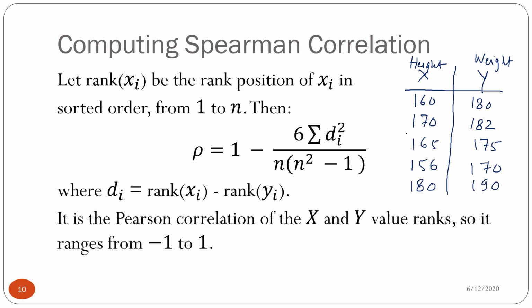So once you have these values, what we need is ranking for each. I should have RH, rank for height, and RW, which is rank for weight. So what do we do here? Let's stick to the ascending order.